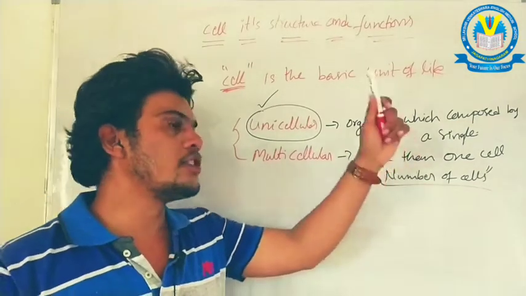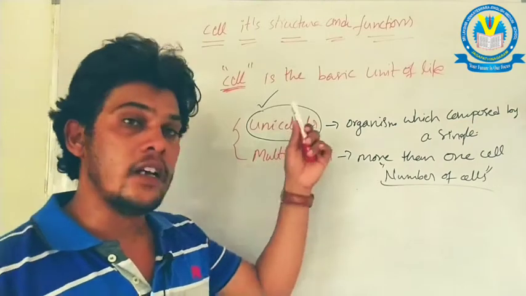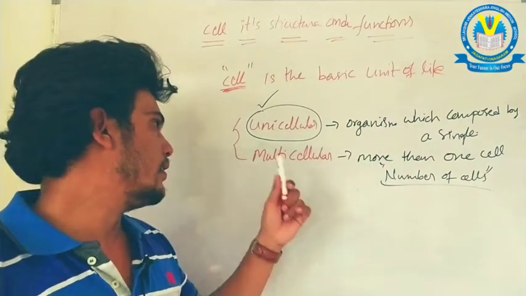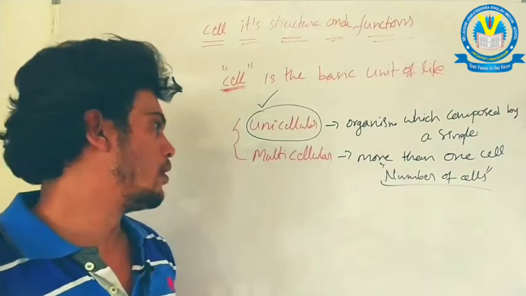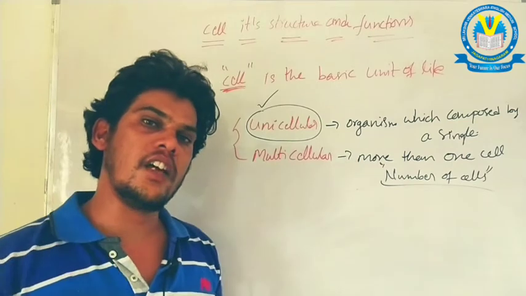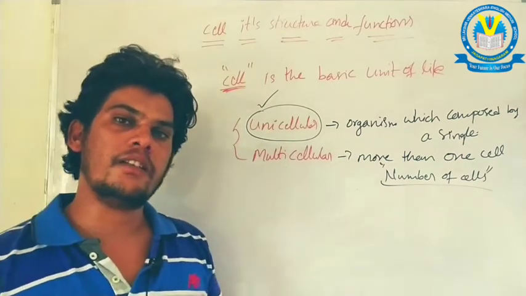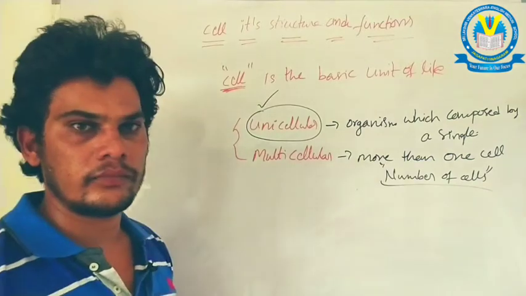If organisms are composed of a single cell, they are called unicellular. If they are composed of more than one cell, they are called multicellular organisms. Best examples of unicellular are amoeba and paramecium. Best examples of multicellular are human beings, animals, aves, fishes, birds, amphibians, plants, etc.